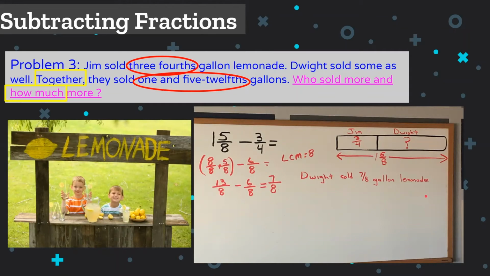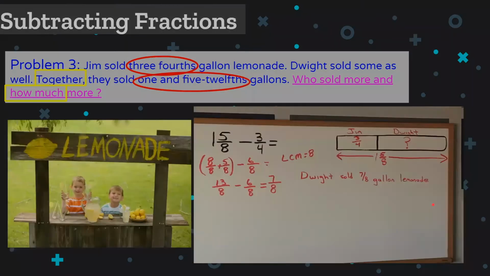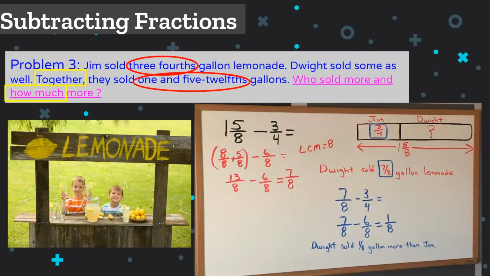But now, is that the only question we had? All we know now is how much Dwight sold. But because we know how much Dwight sold, he sold those 7/8 of a gallon, what can we do? Well, we know 7/8 is Dwight's amount, and if we subtract 3/4, Jim's amount, we're going to have to find a lowest common multiple again, which will be 8.